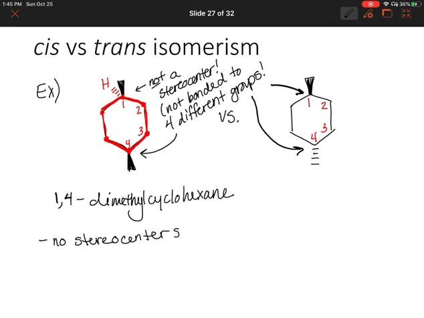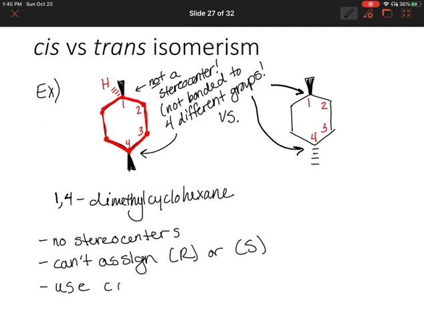So there were no stereocenters on either of these molecules, which means that we can't assign R or S. So the only other way to tell someone that these are different molecules is to use cis and trans. Now, you might recall from before that cis means that groups are on the same side of a molecule.